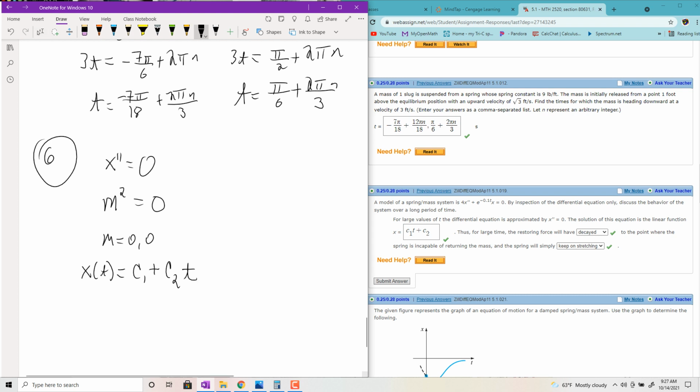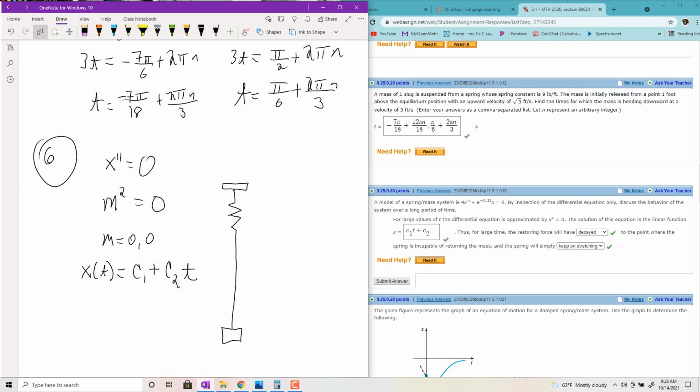And what does that mean with regards to the spring? So basically, as time goes on, the value for x is just going to get bigger and bigger and bigger, right? So if x is positive in the downward direction, that means the spring is just stretching out and out this way.